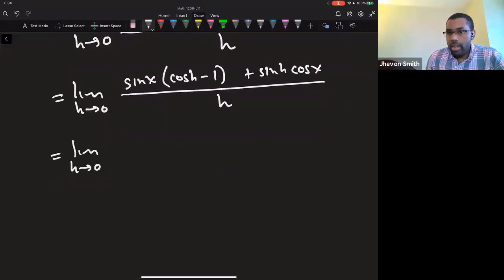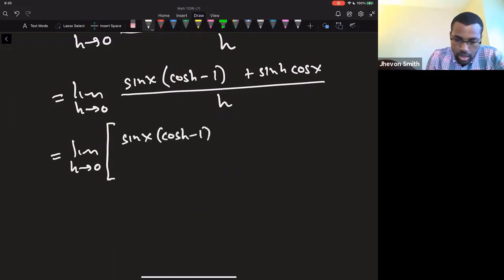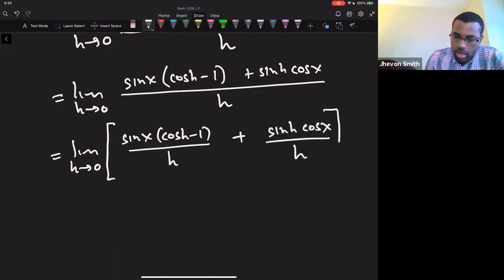So we have that. Now I'm going to apply some limit properties that we have. First of all, algebra says that we can split a fraction across the numerator. So I'm going to do that. This plus that, right? Because a plus b over c is the same as a over c plus b over c.